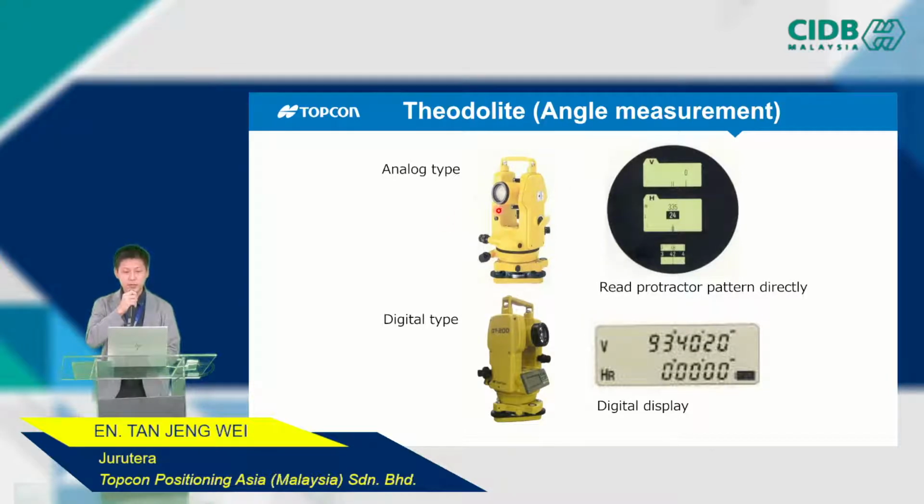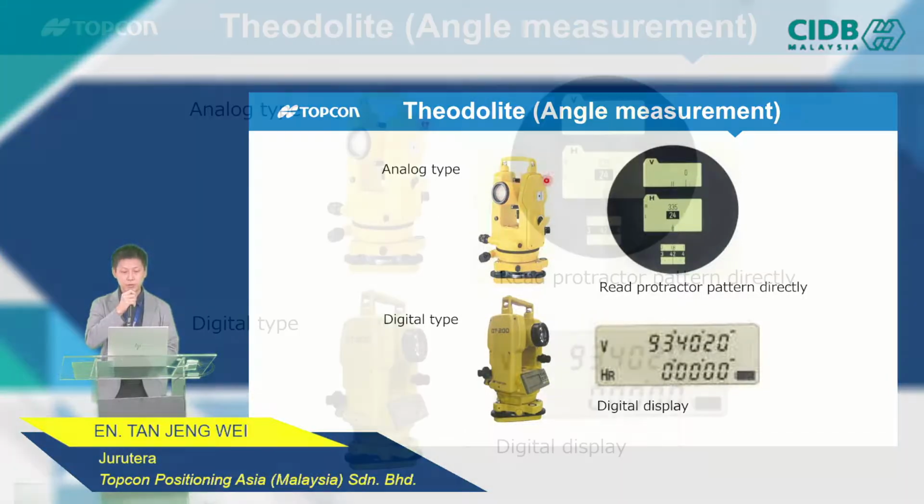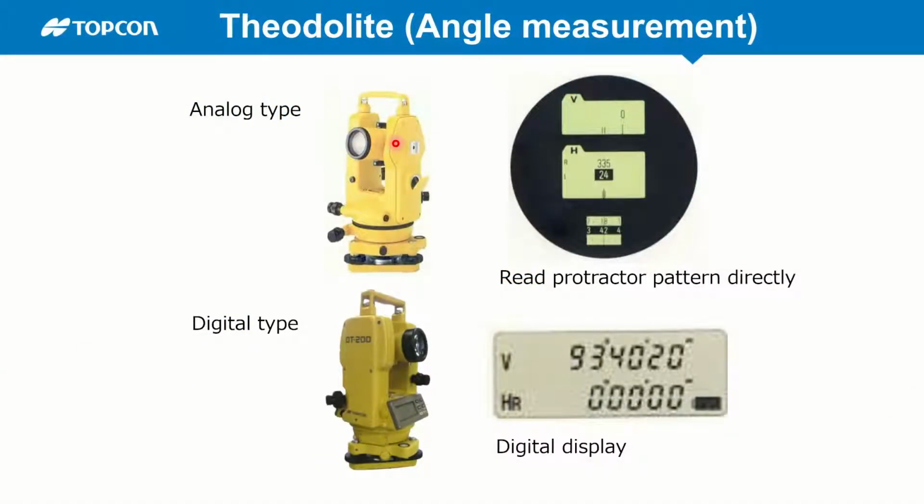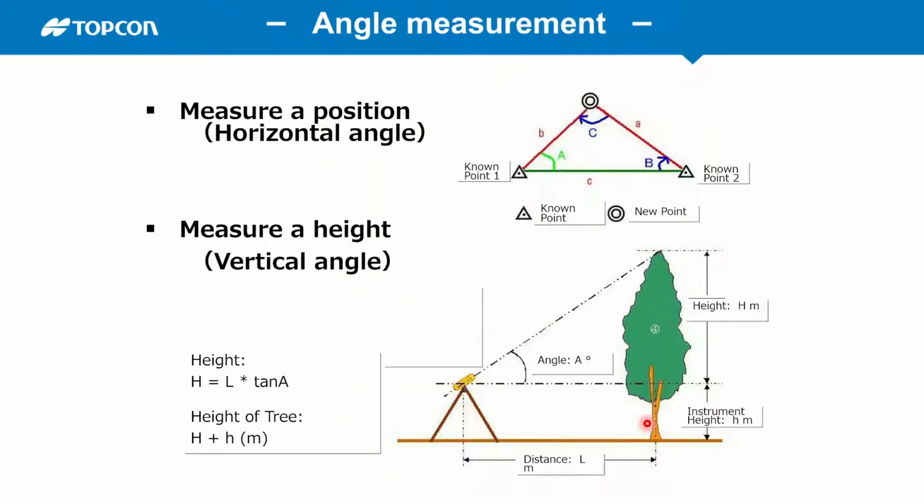This kind of theodolite is analog, which is a very old model. Today, most people are using the digital type, which includes a digital display. So the theodolite is used to measure angles, including the horizontal and the vertical angle.